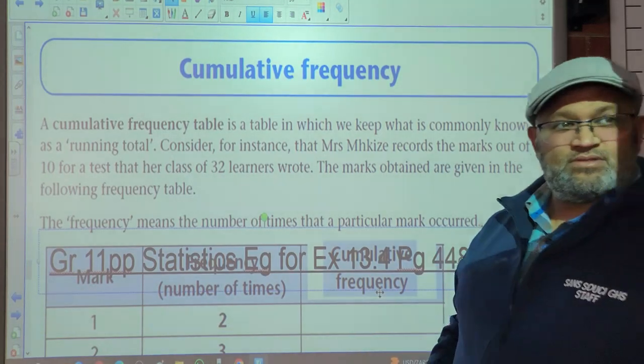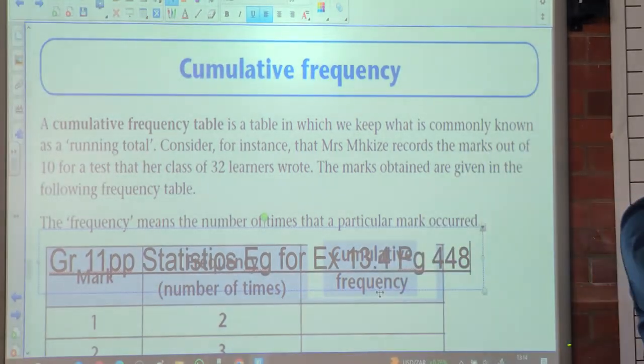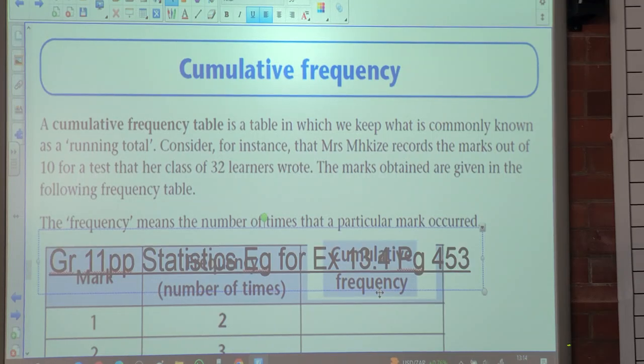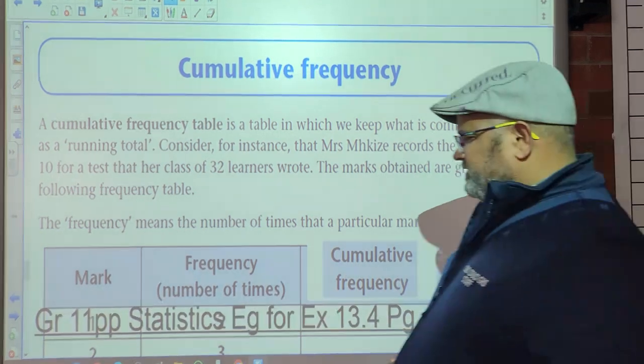The examples are on 448, and then the exercise is on 52, 53. I know that is a lot of explanation here.